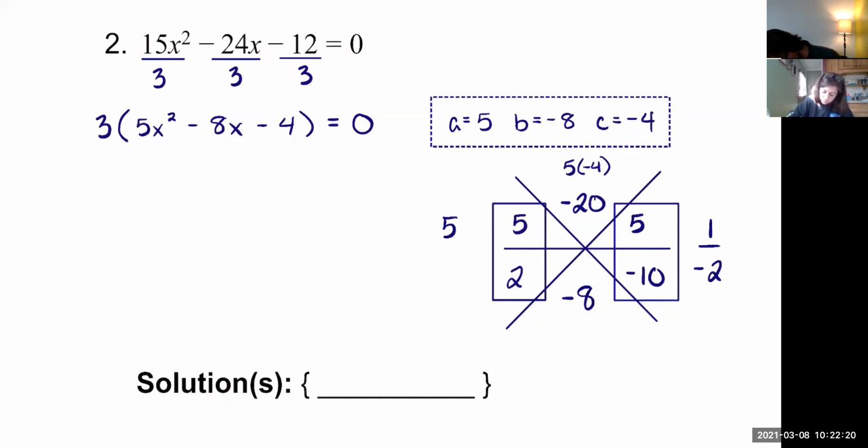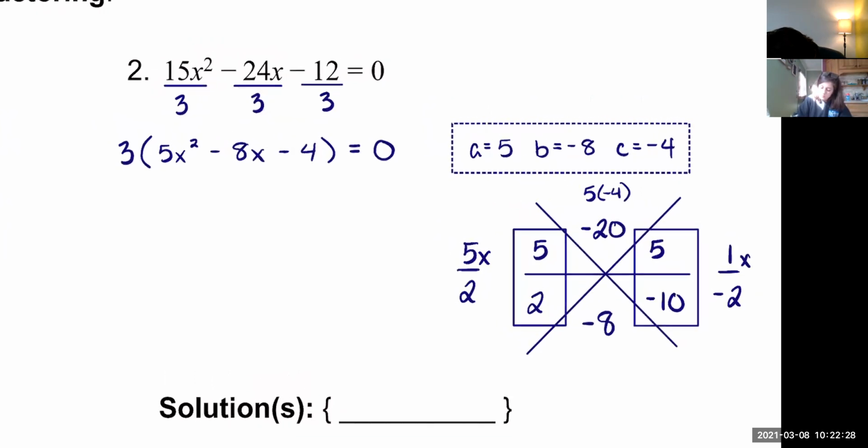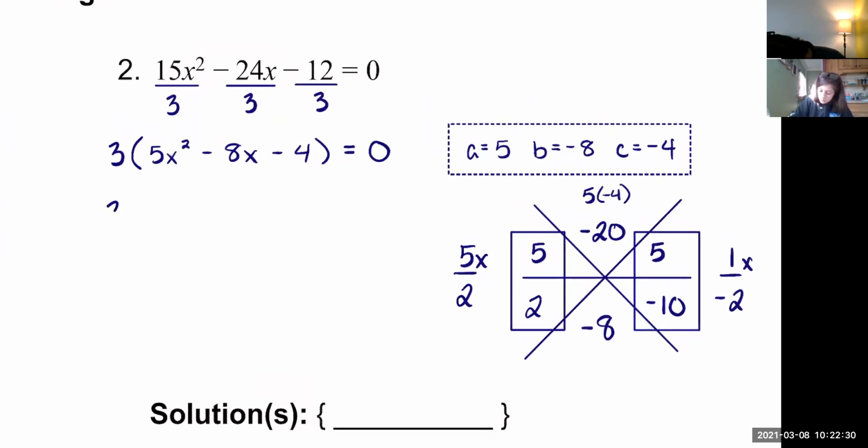I think 5 over 2 is already as simplified as it can get. Bring back your variable, which in this case was an x. And then back to my work here. Now that it's factored, I have 3 times the binomial 5x plus 2 times the second binomial 1x minus 2.